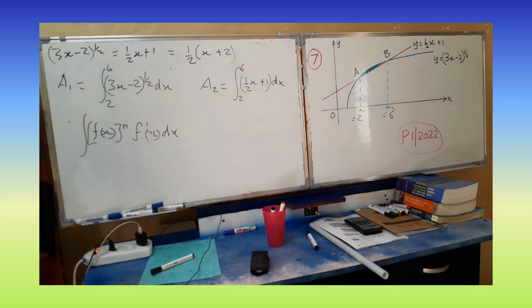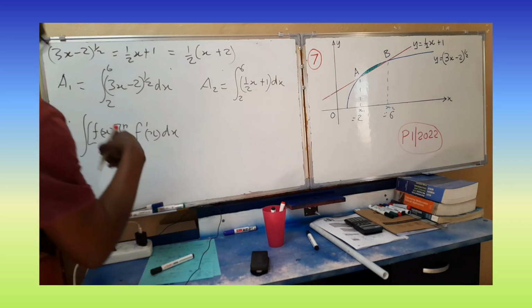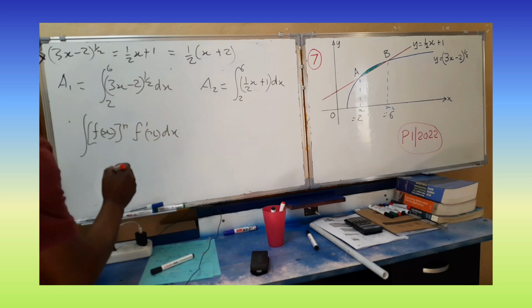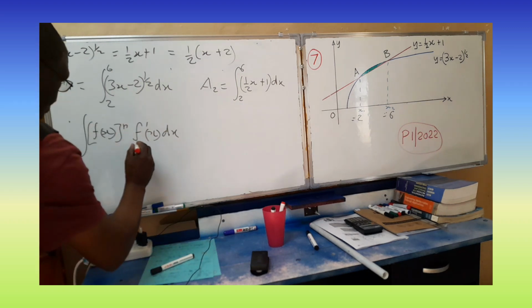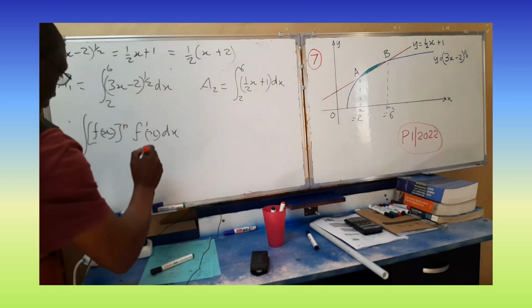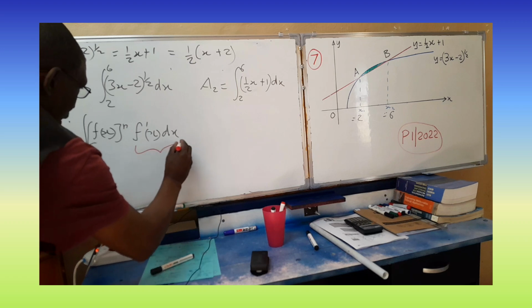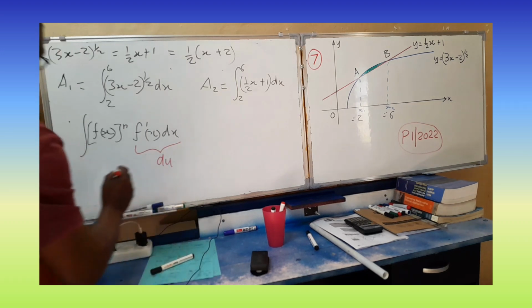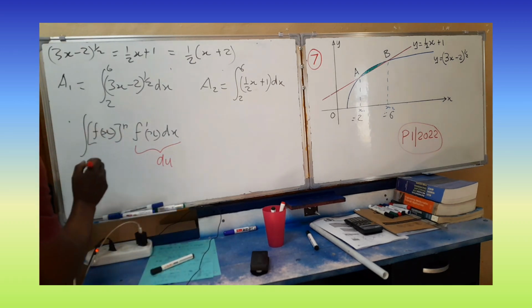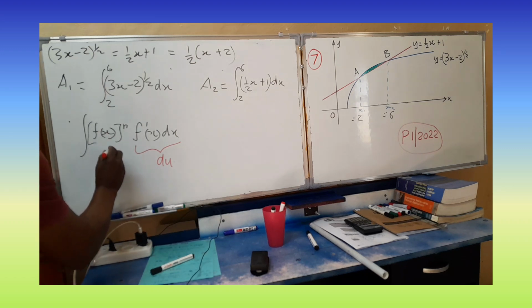These lend well because when we start manipulating them, supposing we want to change everything in terms of u, then f prime of x dx becomes our du, and what is inside the square box becomes our u. So of course it will be u to the power n.